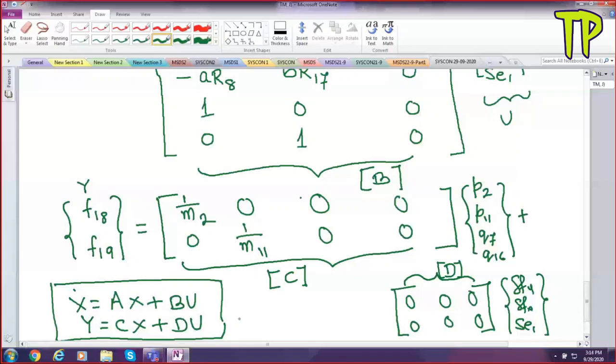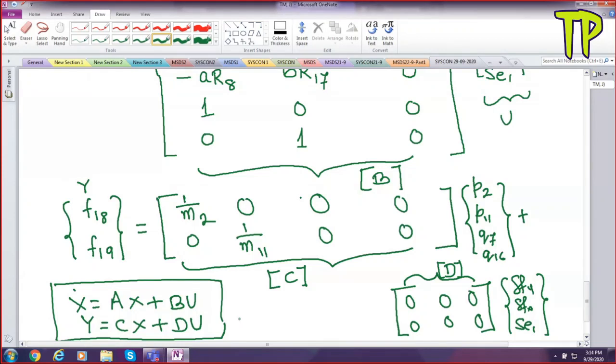Once you do a little bit of practice, you will not actually require all this. By looking at the model itself, you will directly write the matrix. By looking at the model and causality, you will say, okay, this is coming from here, here, here, fill it up.